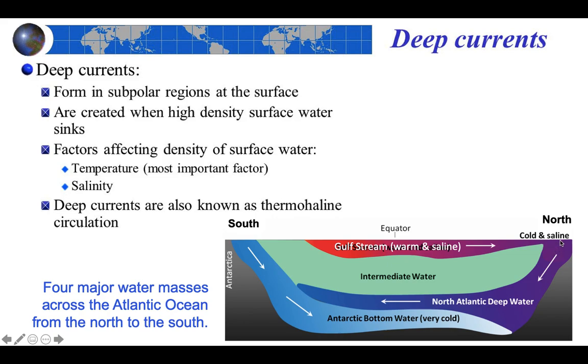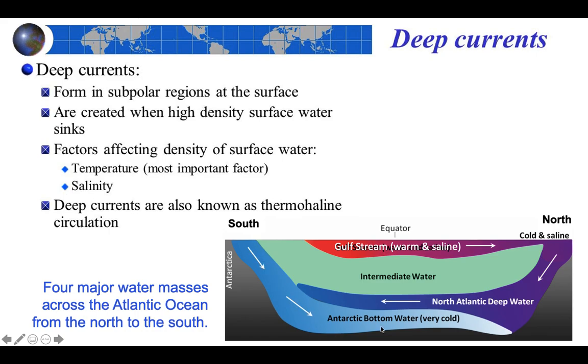And as a result, this water becomes relatively enriched in salt when larger and larger ice forms at sea. And as a result, this water becomes not only cold but also extremely salty. So then it sinks. So we're looking at a north-south profile of the Atlantic Ocean, for example.